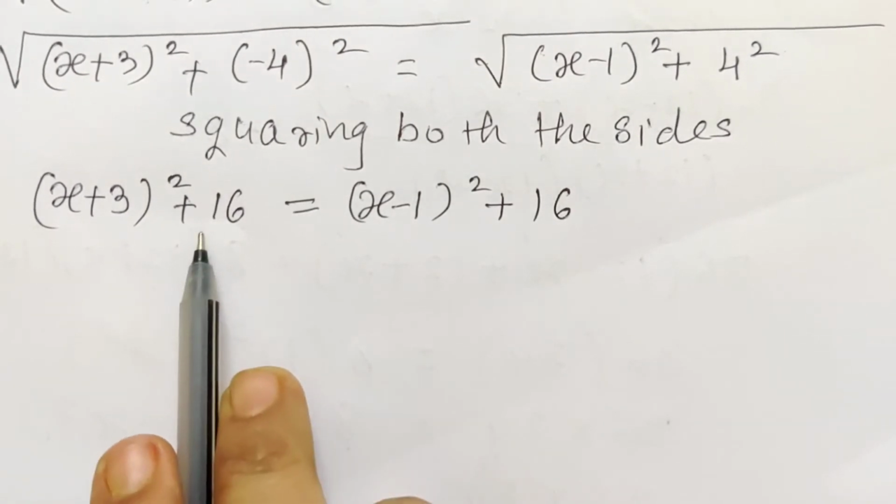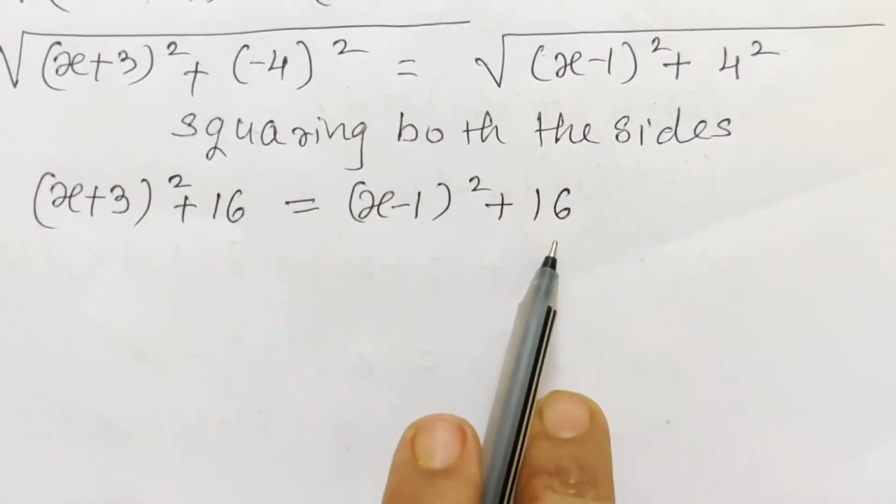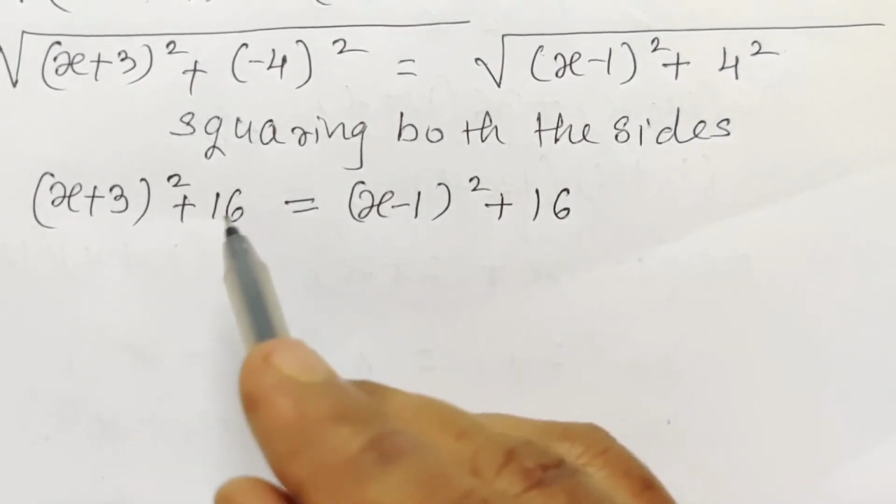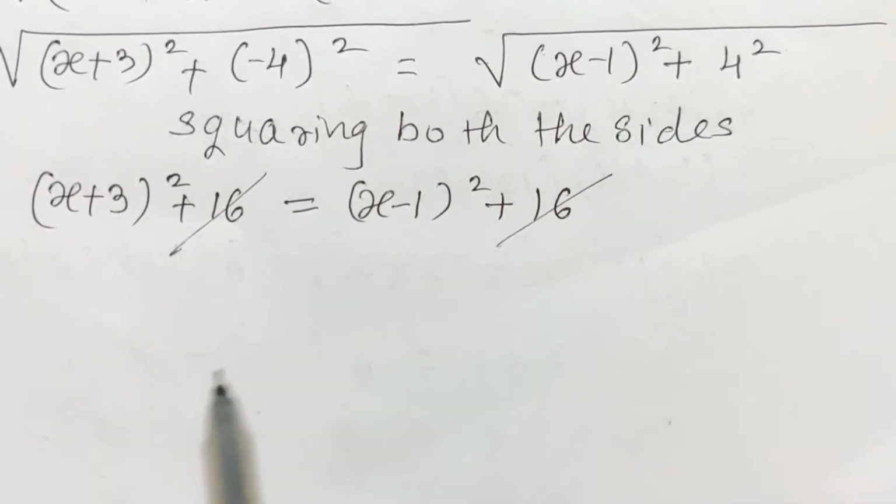Now see here, plus 16 on the left side and plus 16 on the right side, so it will be cancelled.